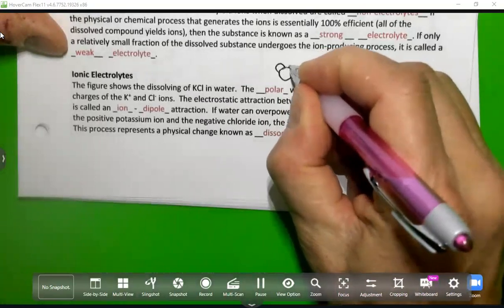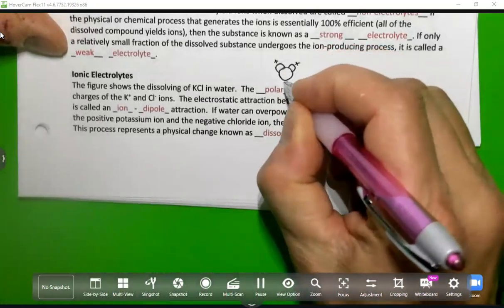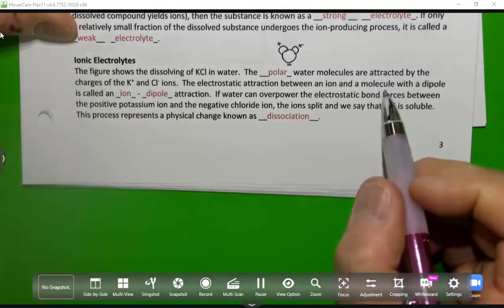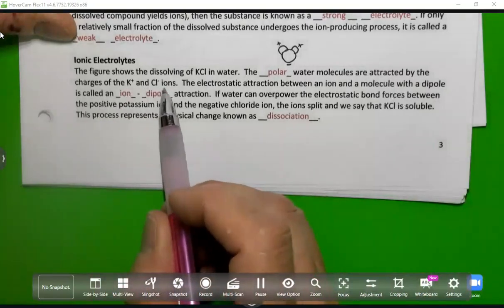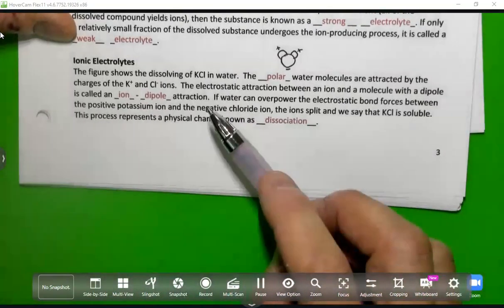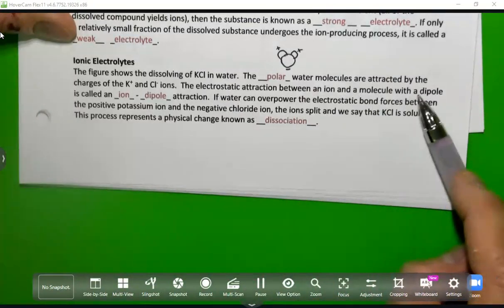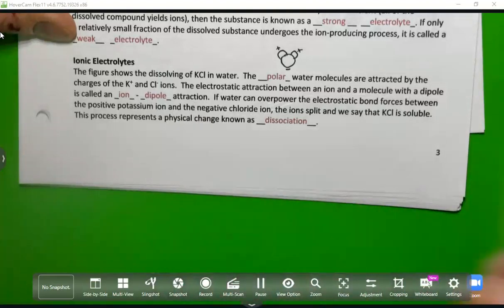We know now that we have plus and minus charges here, correct? Partial charges. Polar water molecules are attracted by the charges of K plus and Cl minus ions. The electrostatic attraction between an ion and a molecule with a dipole is called an ion-dipole interaction.